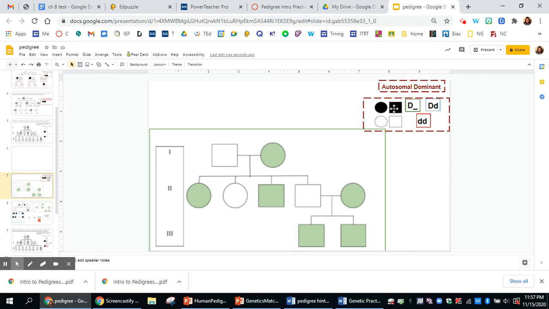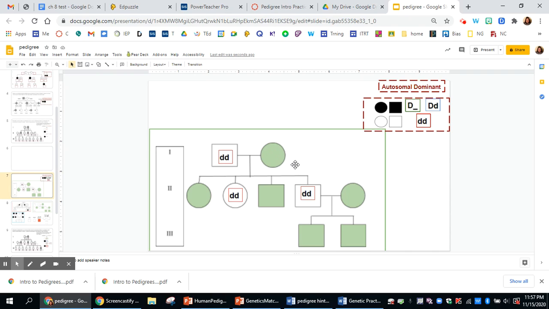The shaded-in ones will be at least one capital letter, and the unshaded ones will be two lowercase letters. So I always start with my two lowercase letters. I'm just going to grab these and identify all of the ones that are not shaded; they are going to be two little letters. And then I know that all the other ones are at least one big letter.